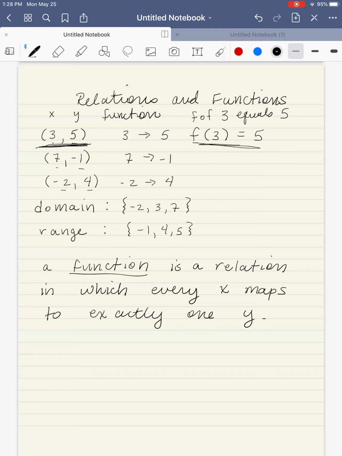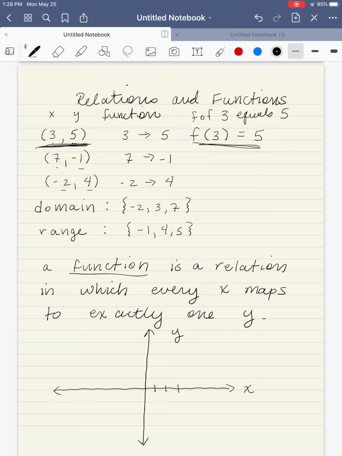These two are equivalent. And there's yet another way that I can show that same information using a coordinate system. If I start with the number 3, this axis is a number line for x. This axis is a number line for y.